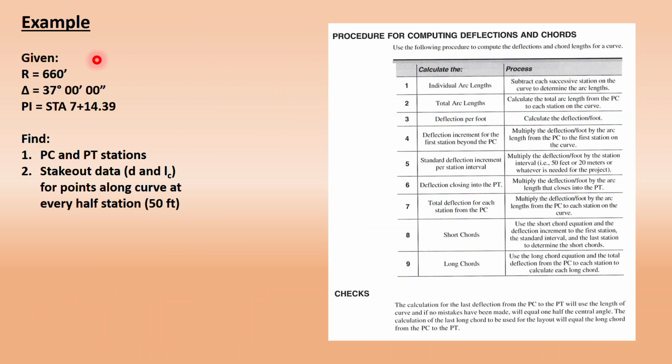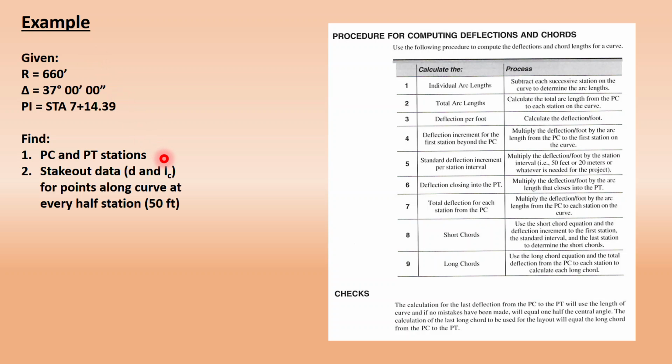We're going to be given just random data here. Radius of 666 feet. This curve has a delta angle. Remember, our textbook calls this I for internal angle, but everywhere else this is going to be called delta. 37 degrees, and the PI station is 7 plus 14.39.